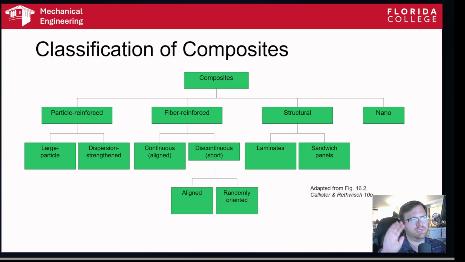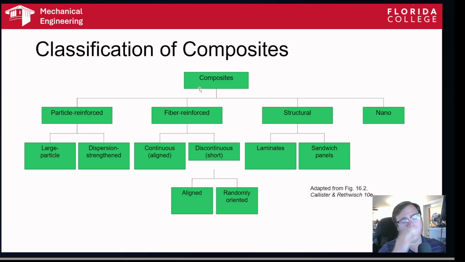Chopped orientation is where you just chop these things up and they get mixed in random orientations. Usually, if you are 3D printing in carbon fiber, which you can buy as 3D printing filament, this is the kind of composite that you're dealing with. It is a randomly oriented, discontinuous fiber reinforced composite.